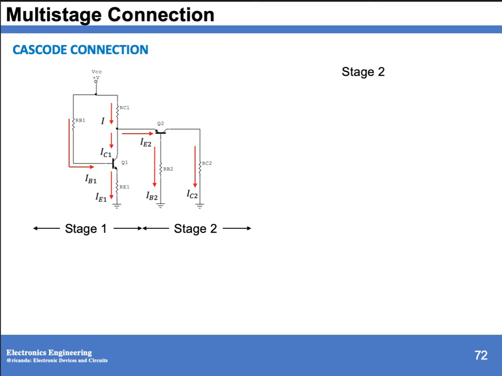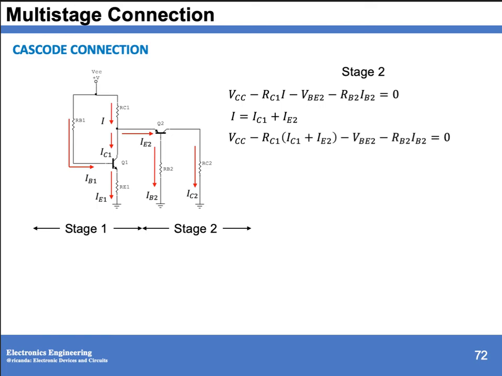At stage 2, we have VCC minus RC1 I minus voltage base emitter 2 minus RB2 IB2 equals 0. So remember that your I is equal to IC1 plus IE2. Substituting that into your equation VCC minus RC1 I, we have this equation, and we already have the equation of your IC1. Therefore, we have to solve for your IE2.